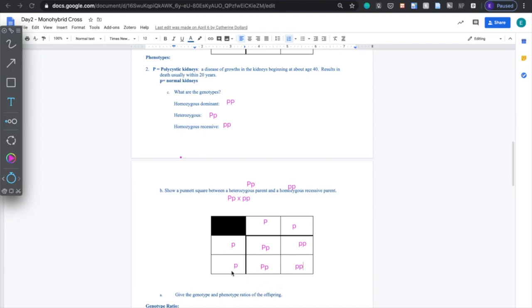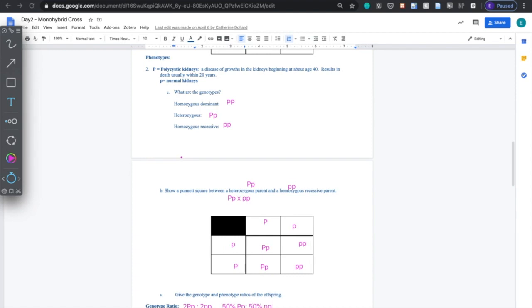So let's take a look at what we've got. We know we have 2 heterozygous to 2 homozygous recessive. You can also write this, totally correct either way, as 50% heterozygous or 50% homozygous recessive. The phenotype ratio, so we're going to write in some phenotypes.